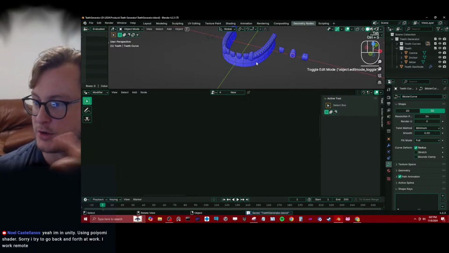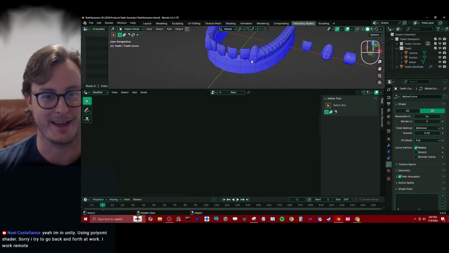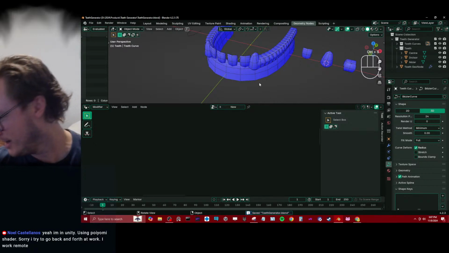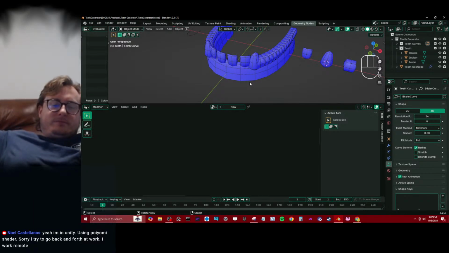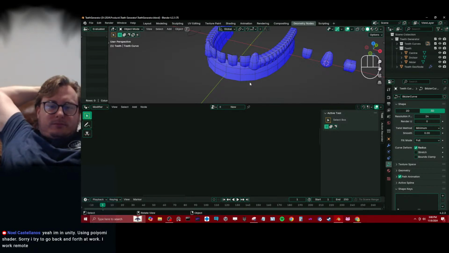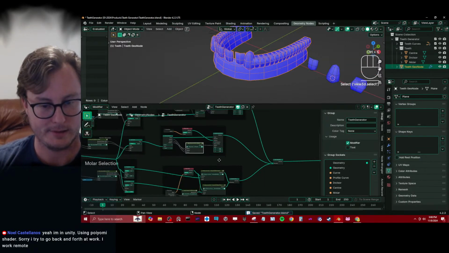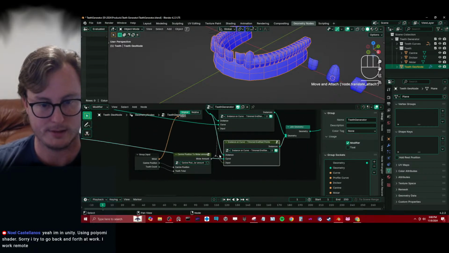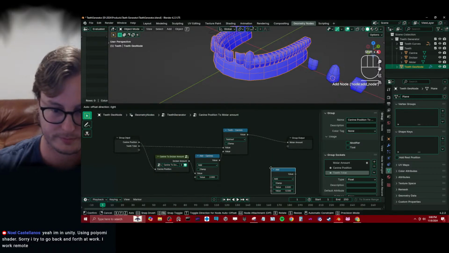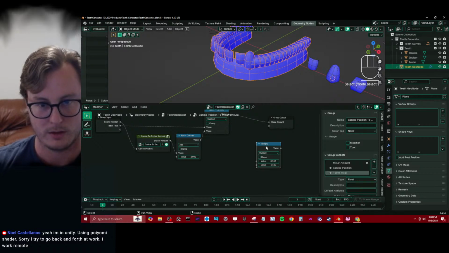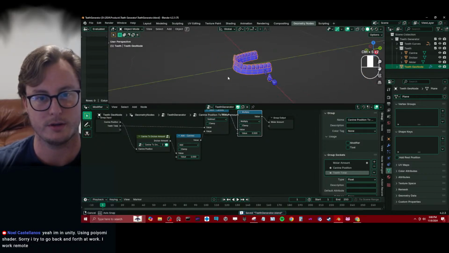In Unity using Poiyomi shader. Sorry, I try to go back and forth at work. Oh, no worries. I understand that. Excuse me. Perfect.